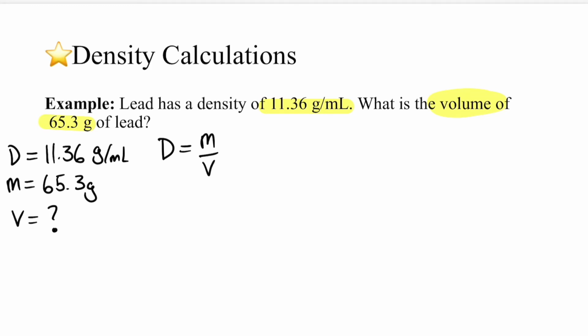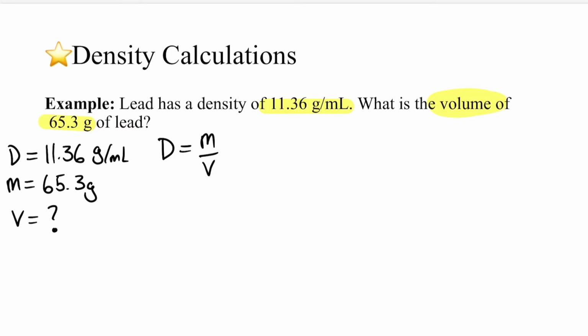At this point, you have two choices. You can put the numbers into the equation right now and then just rearrange things to solve for volume, or we can rearrange the equation first and then put the numbers in. I'm going to show you how to rearrange the equation first, but it doesn't really matter which way that you do it. So if we are rearranging this equation, we need to make sure that volume gets out of the denominator.